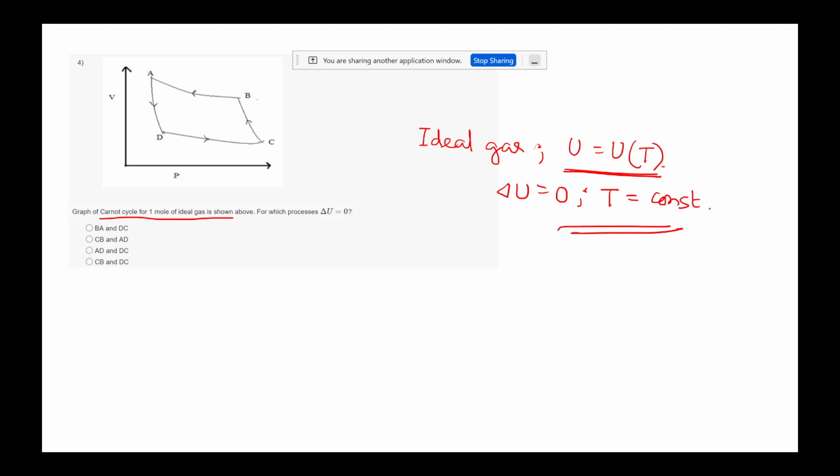Now if you know this information, so these curves, AD and BC, are more stiff.